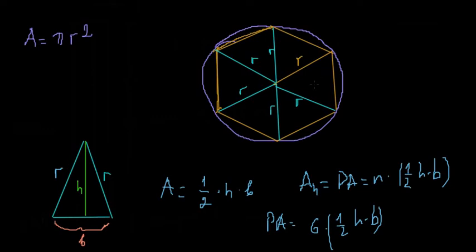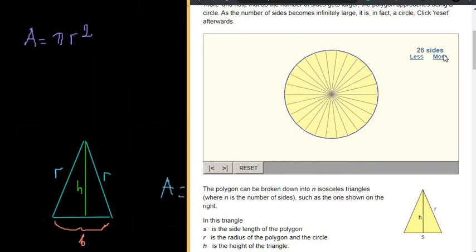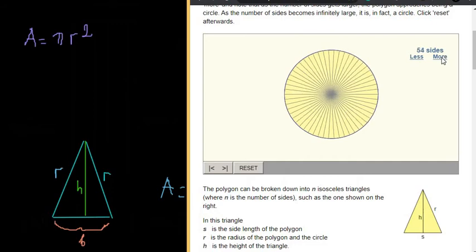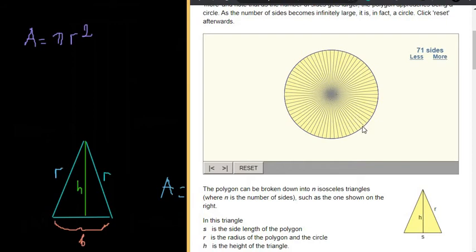But as we increase the number of these triangles to infinity, if we sum the length of all the bases that make these isosceles triangles, we will be able to say that the sum is equal to the circumference of the circle.